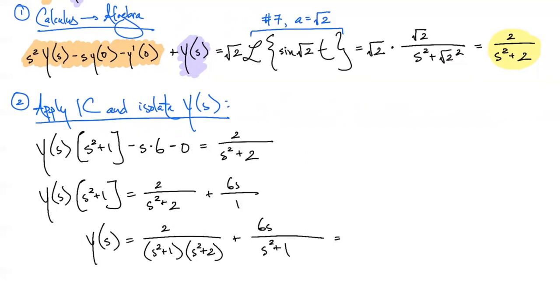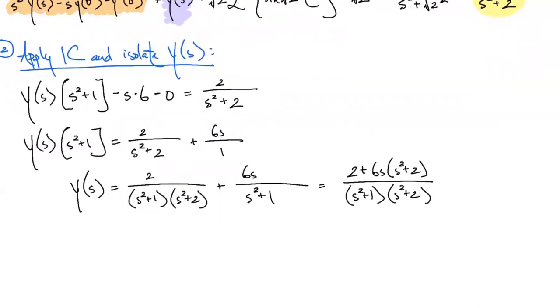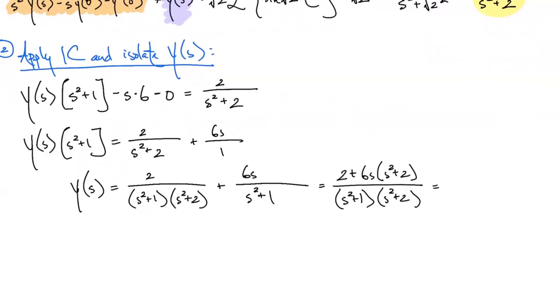And so in particular, we could have 2 plus 6s times s squared plus 2 over my common denominator. And if we expand this out, we'll get 6s cubed plus 12s plus 2 over s squared plus 1, s squared plus 2.